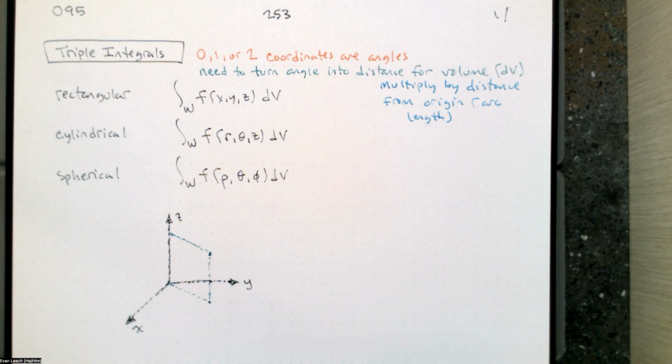So we either have three distances with rectangular coordinates, two distances and one angle with cylindrical coordinates, or one distance and two angles with spherical coordinates. So the big idea here is that we're just using angles in increasing amounts to describe locations in three-dimensional space.